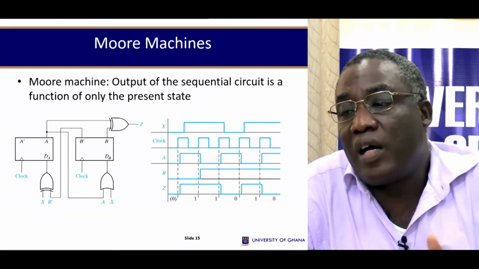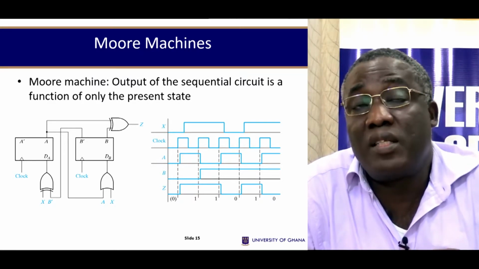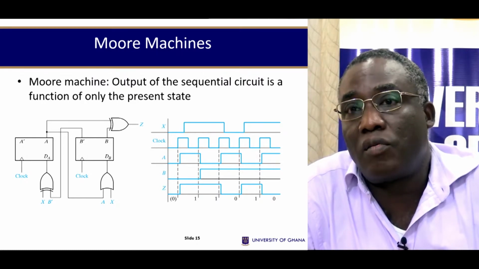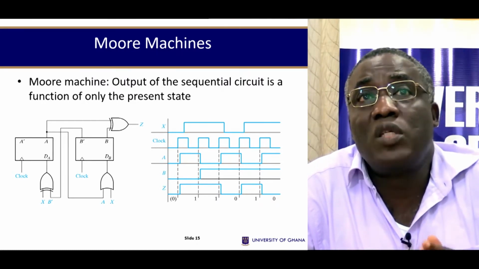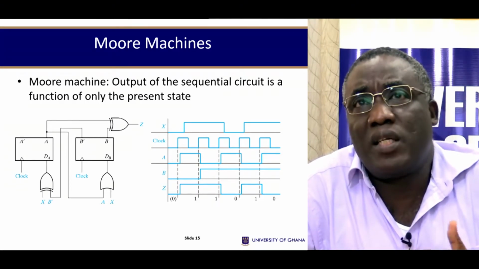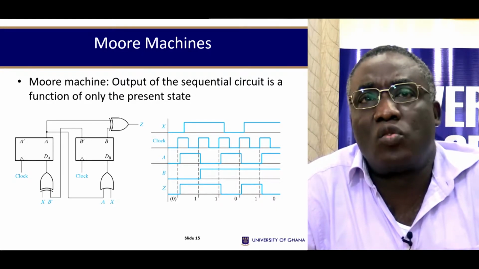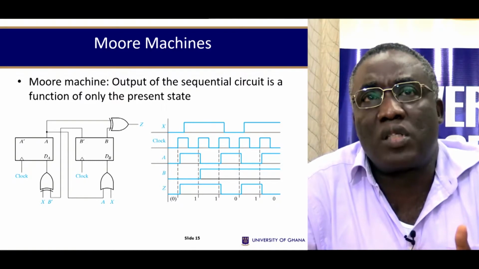If the output of a sequential circuit is a function of the present state only, then we call that a Moore machine. So Moore machines are those in which the output of the sequential circuit is a function of only the present state. So the present state determines the output.